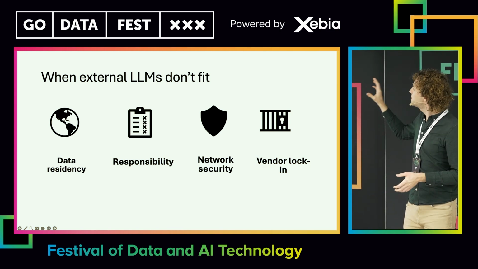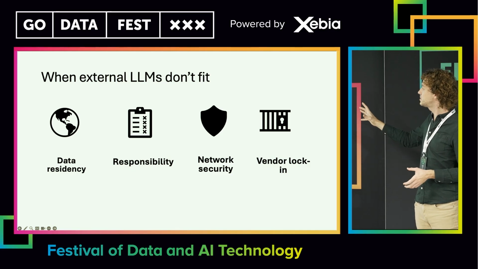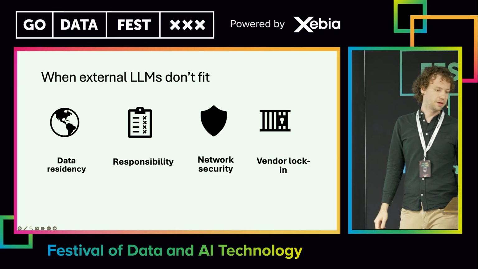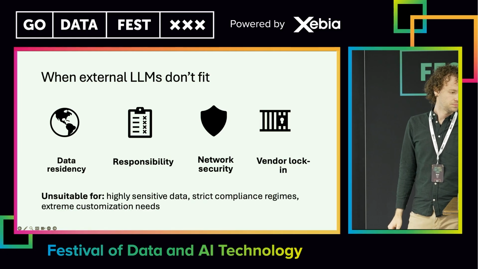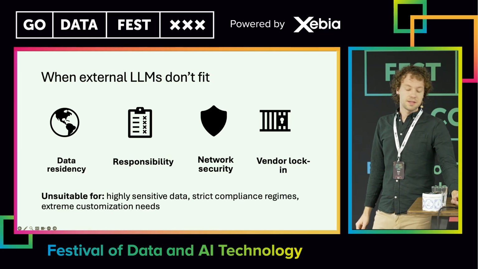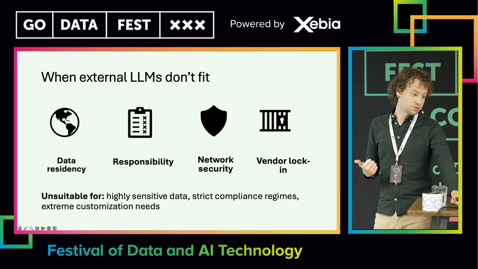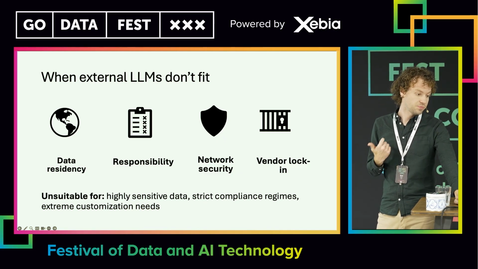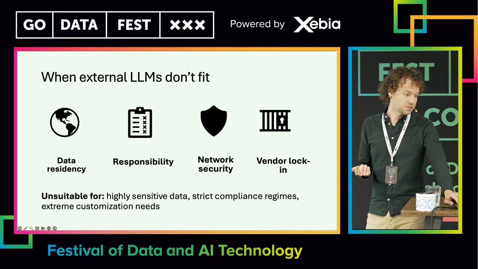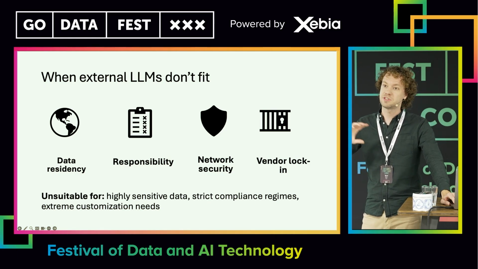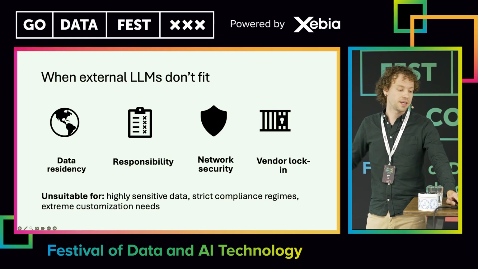These are some of the risks involved with external LLM providers. In short, we usually see them as unsuitable for highly sensitive data, strict compliance regimes, or sometimes when really specific customization is needed that the external provider cannot give you.